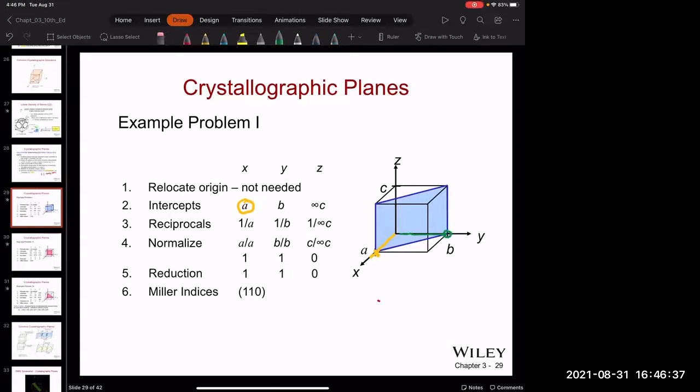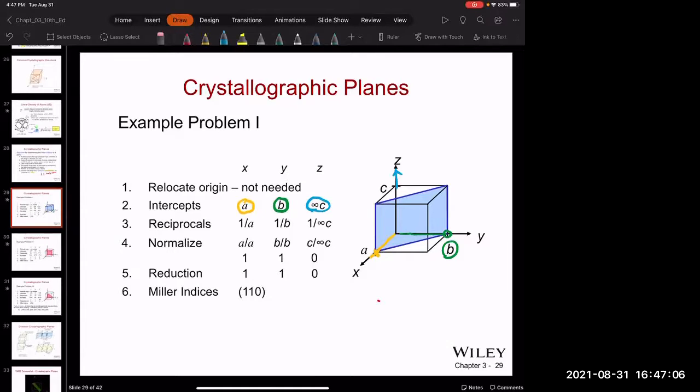Y-axis interception is B, so we put B here. And then we look at the interception on the z-axis. Now the z-axis is weird because this plane is parallel to that, so it's never going to intercept. When they never intercept, you put infinity.